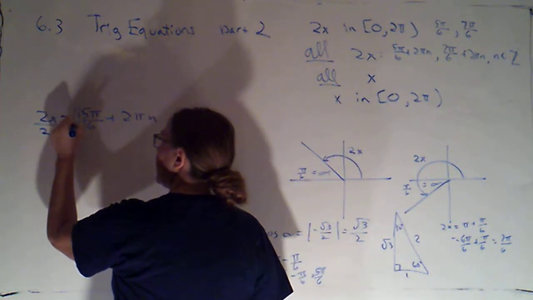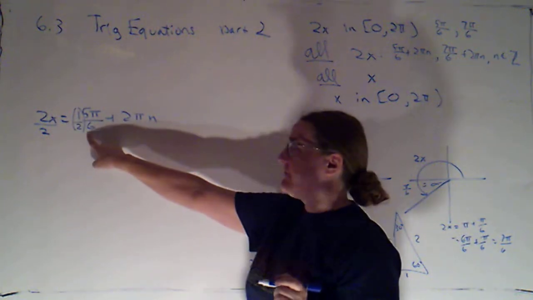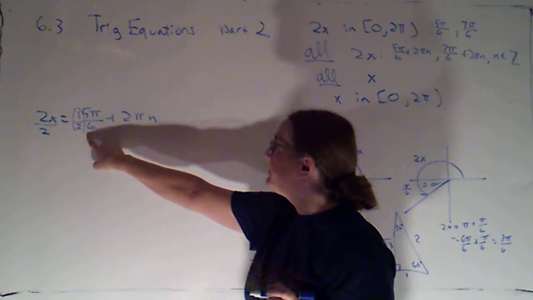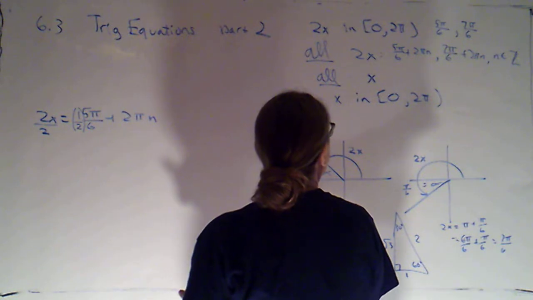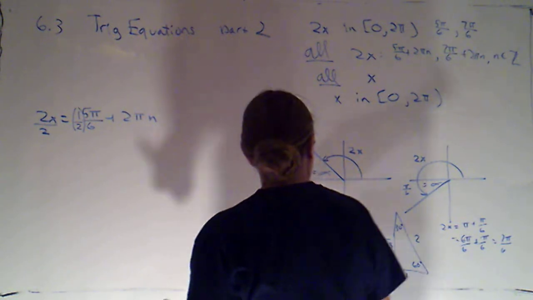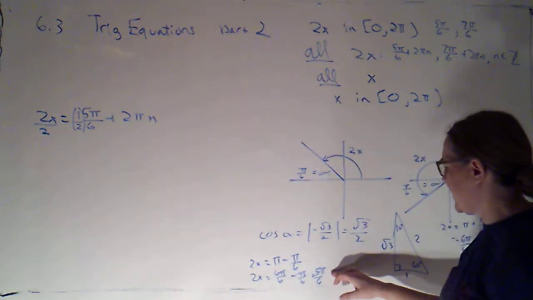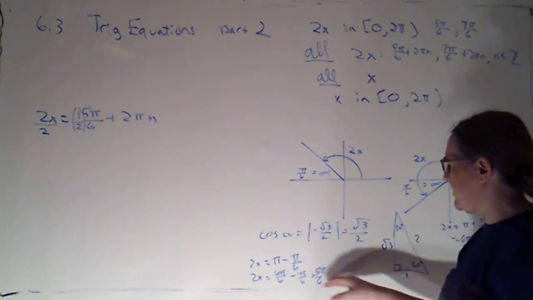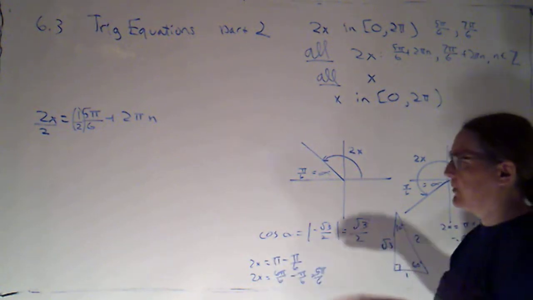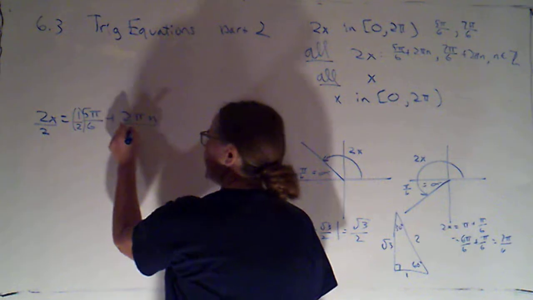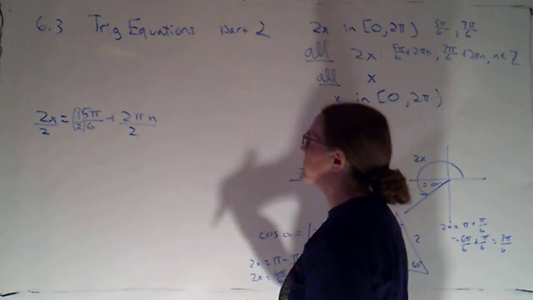Now here, I'm going to just use the fact that dividing by 2 is multiplying by 1/2. I think a moment ago I might have said 5 pi over 3. It would be 5 pi over 12 when I do that. Okay, if I said that. Sorry, I don't remember for sure if I did.